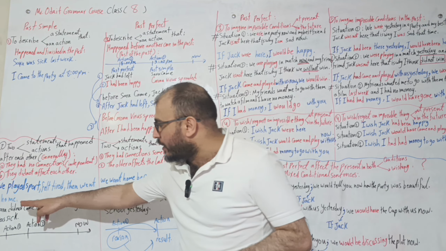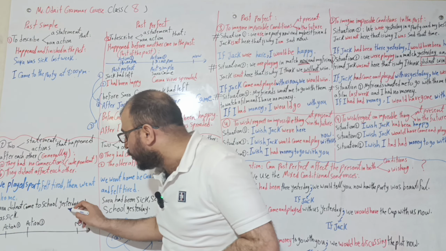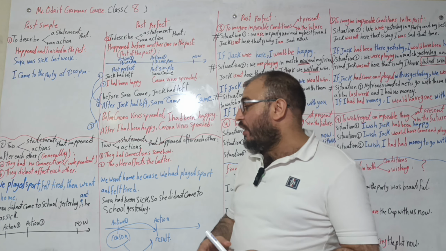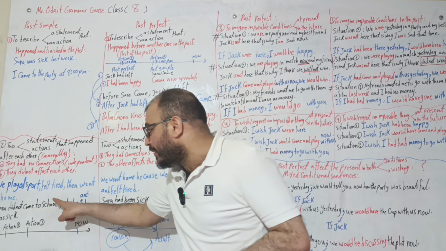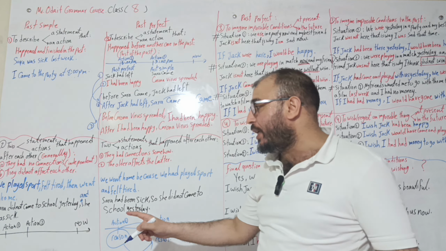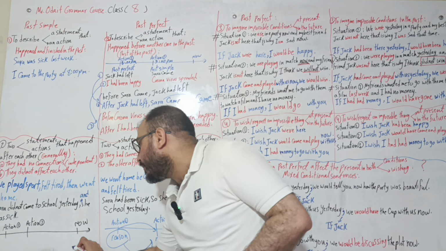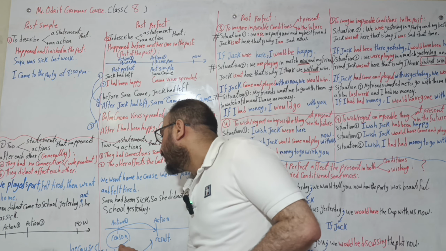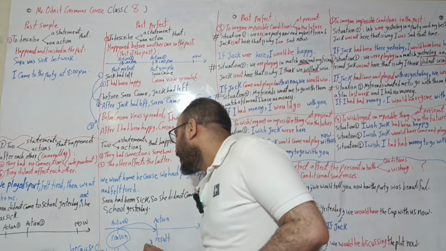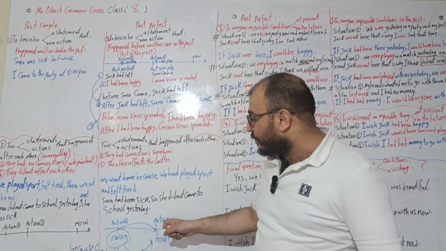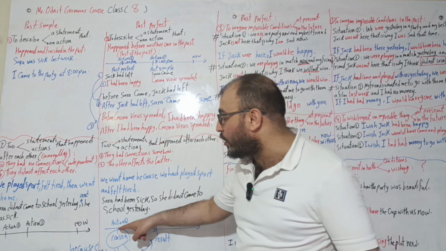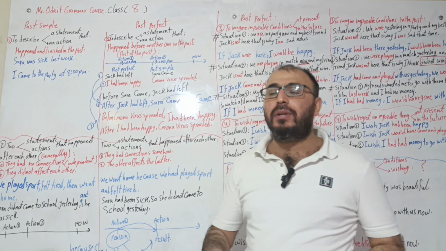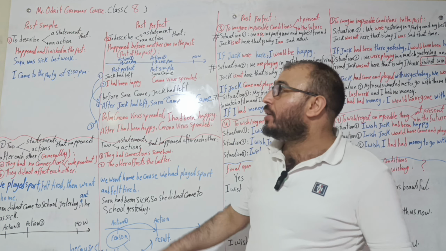Generally, we can say Sarah didn't come to school yesterday and she was sick. But if I want to use the word because, I say because she had been sick. She didn't come to school because she had been sick before. But if I say and, I mean the sickness was not the main reason.